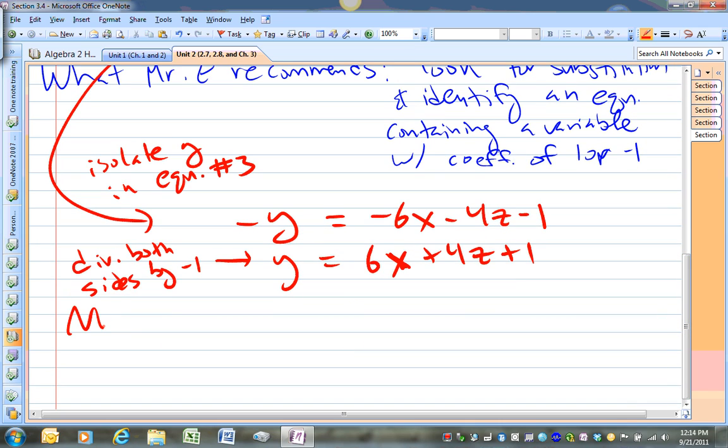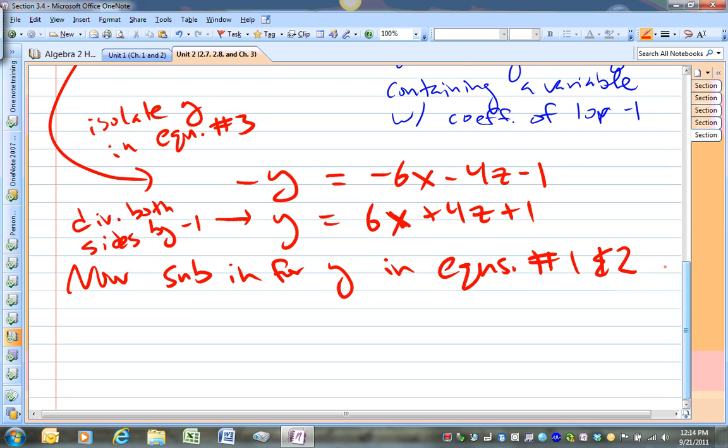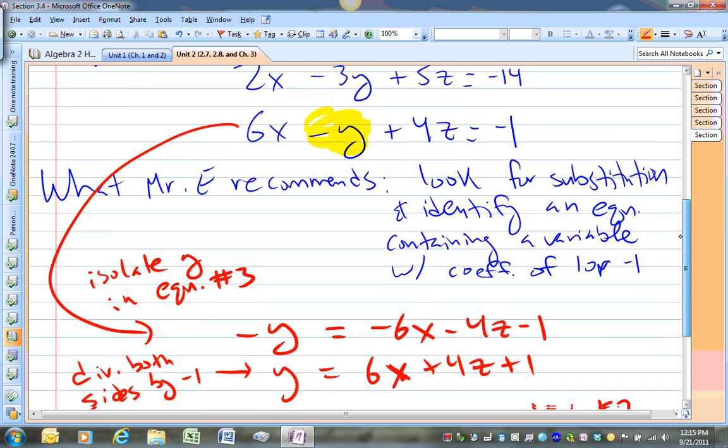Now, sub in for y in equations number 1 and 2. So let's look at equation 1. 4x plus 2y plus 3z equals 1.